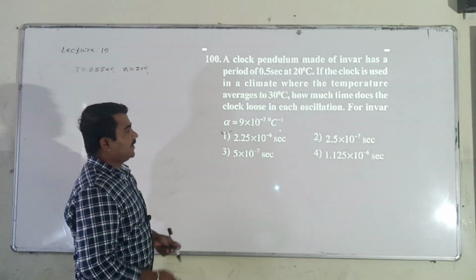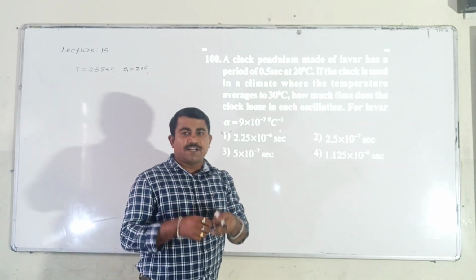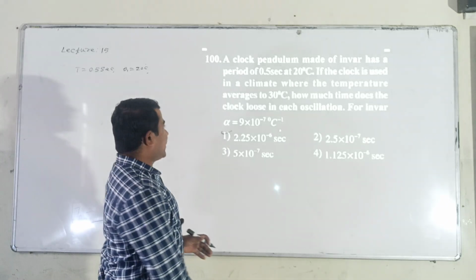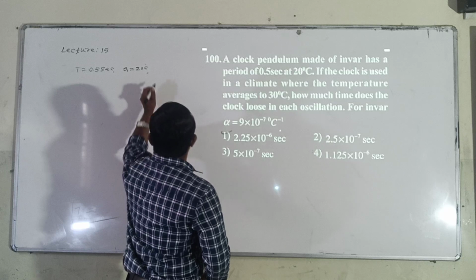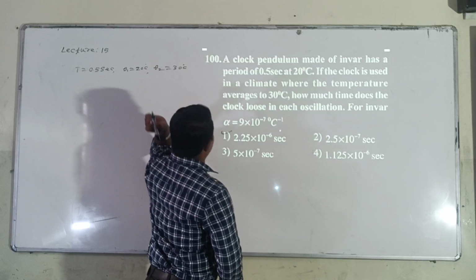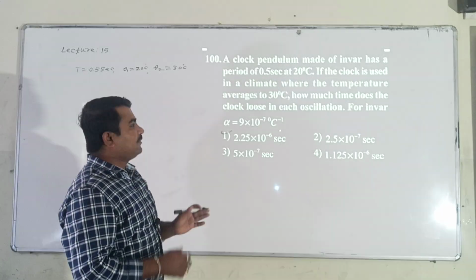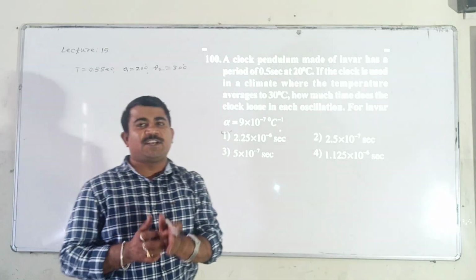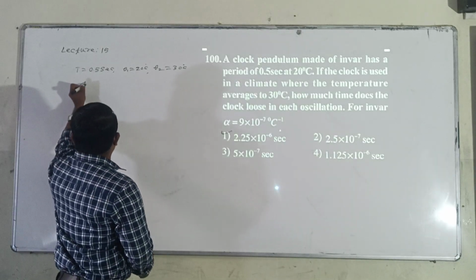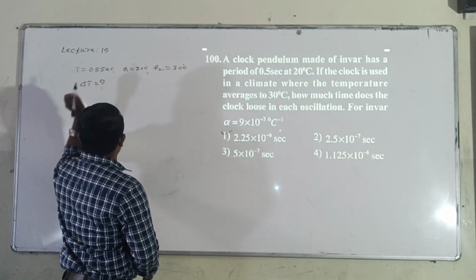If the clock is used in a climate where the average temperature theta is 30 degrees Celsius, how much time does the clock lose in each oscillation?